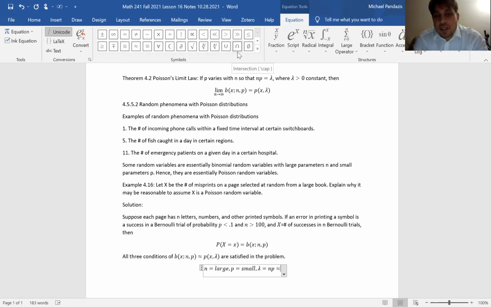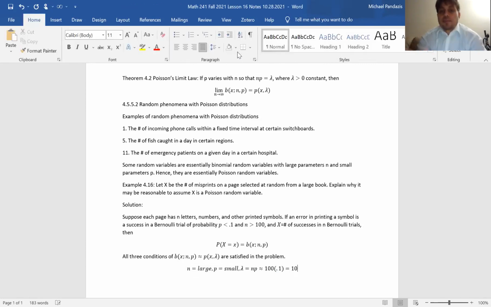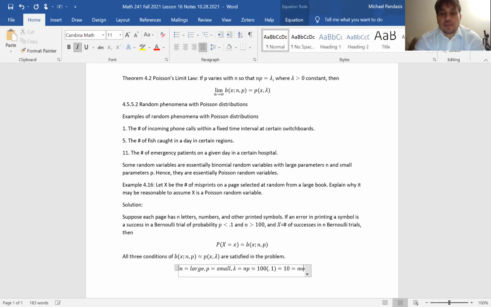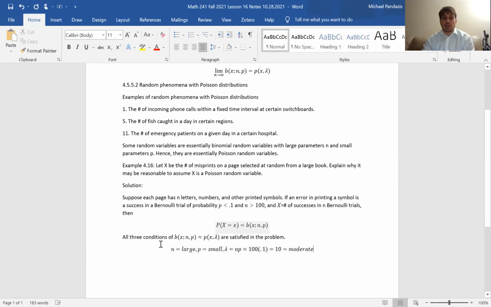We're saying the probability is less than 0.1 and n is greater than 100, so you can think it's around 100 times 0.1, which is 10. So lambda is moderate. We're making p very small and n relatively large, so that its product is still moderate. But n is large, p is small, and lambda is moderate, and in that situation these two are approximately equal.